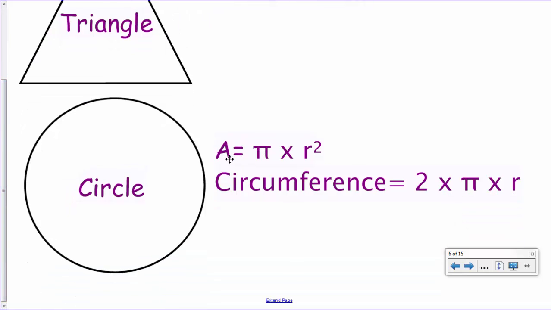For a circle, our area formula is pi times radius squared. Remember that radius squared is radius times radius. Circumference of a circle, that's the same as the perimeter of another object. Remember, circumference is the distance around the circle, is 2 times pi times the radius.